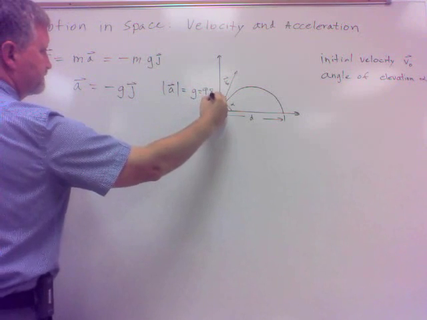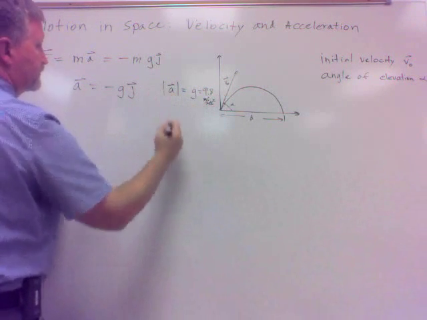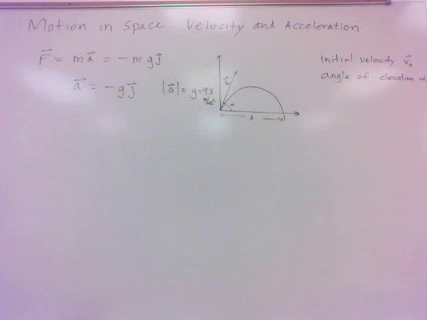The magnitude of a would just be the gravity constant, which is 9.8 meters per second squared.